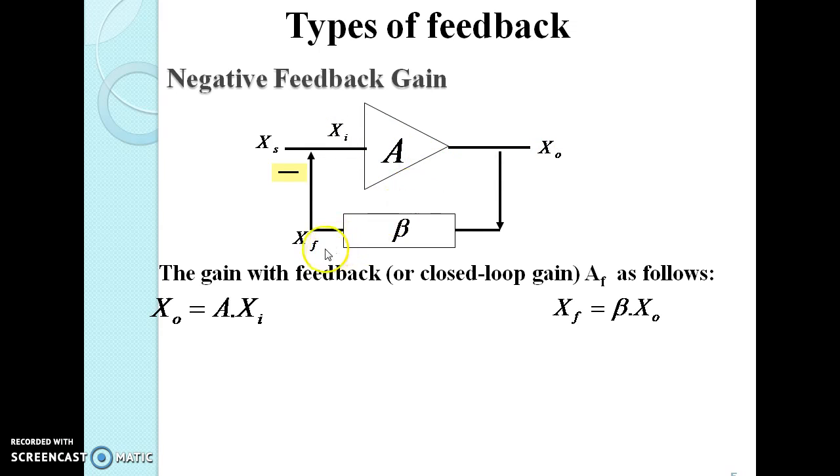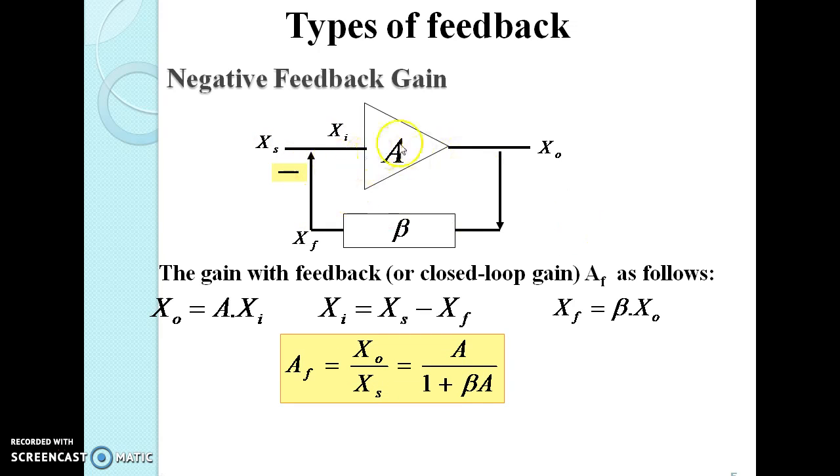We have XF, that is the feedback signal, which is equal to beta times XO. And XI, that is the error input signal or the difference signal, is the difference between XS and XF.